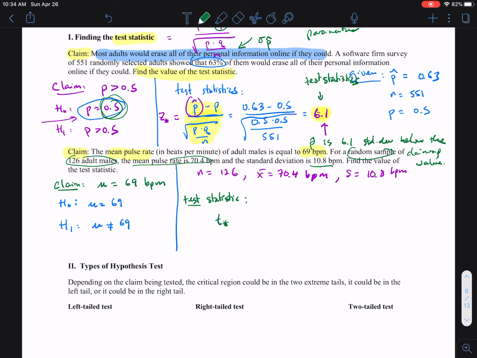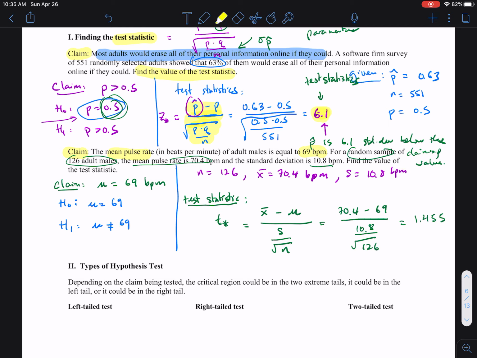It is equal to x bar minus the claim value, divided by the sample standard deviation over the square root of n. It's very similar to what we did in the past chapter 7 on confidence intervals. Let's plug those values in: 70.4 minus 69, and s is 10.8, divided by the square root of n, which is 126. If you do it correctly, you should get 1.455.